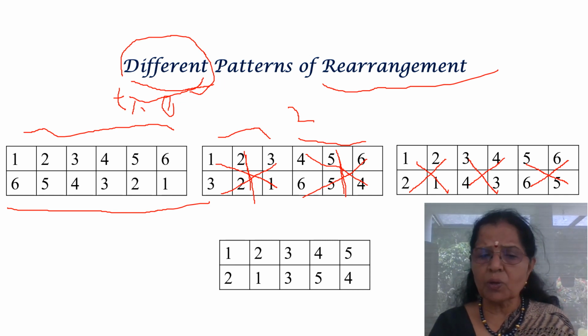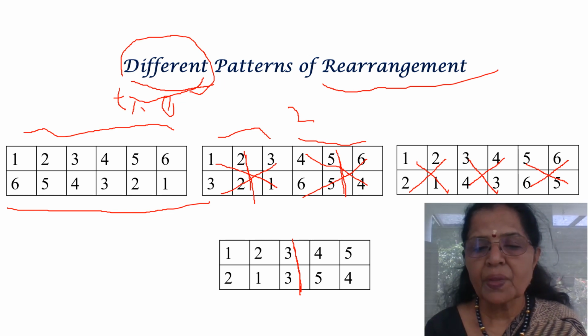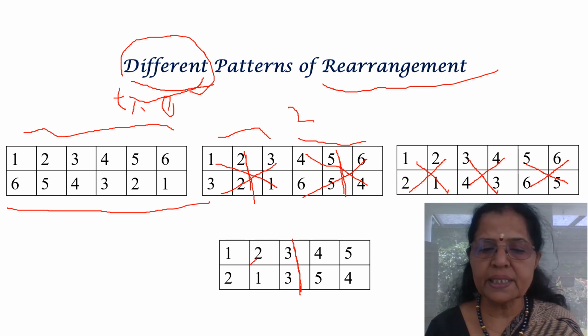And one more pattern, see here, 1, 2, 3, 4, 5. And the middle is this number. So the middle letter is retained, no change. And the corner two are interchanged. Somewhat like this. But here there is no middle, 2, 2, 2. And here, the entire 5 letters we are looking at, and this middle one remains the same.